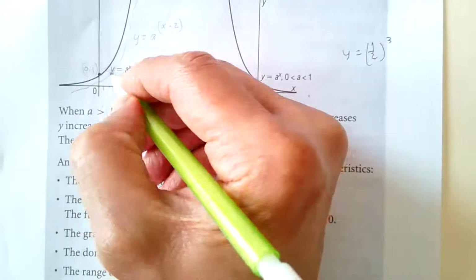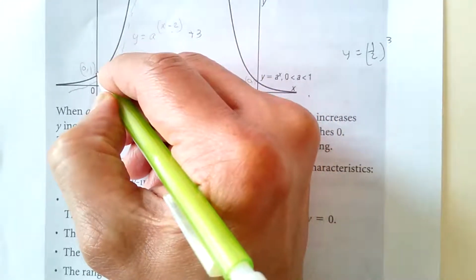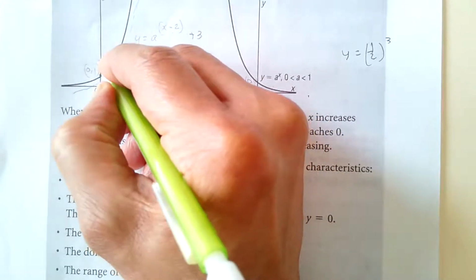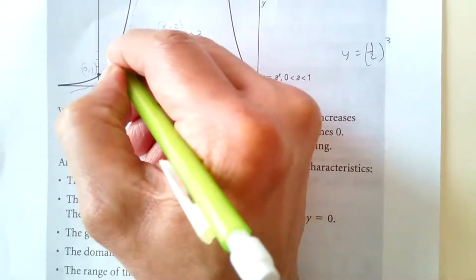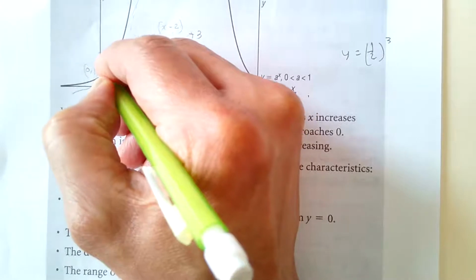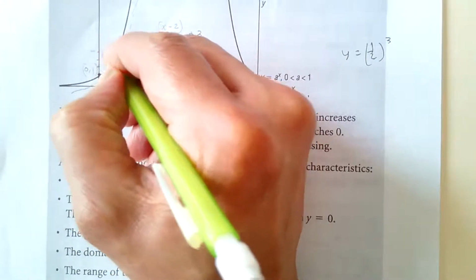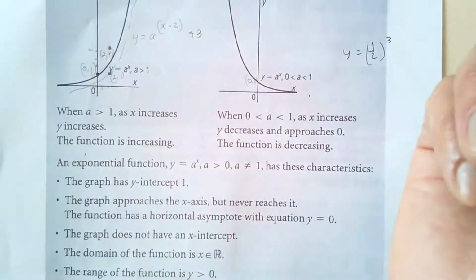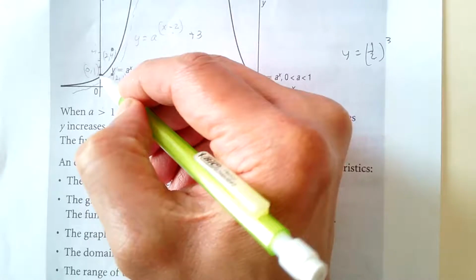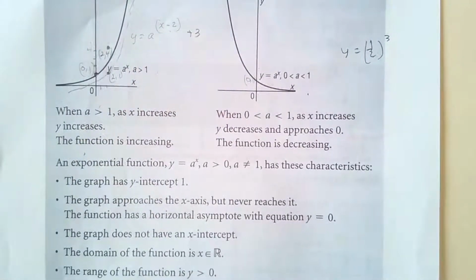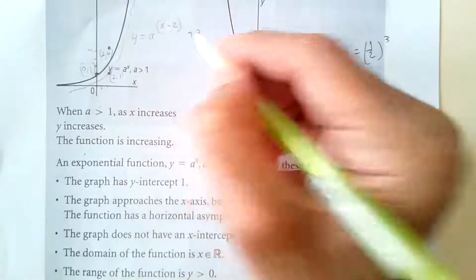Now, if you want to shift upwards, we can plus 3 here, and this will go up 3 units. 1, 2, 3. Now this graph will be 2, what? This is 1, 2, 3, 4. Remember, it's from where y equals a to the x. So that's your horizontal and vertical translation.